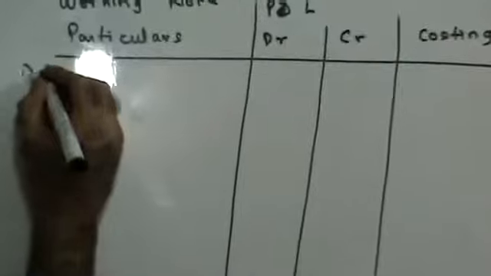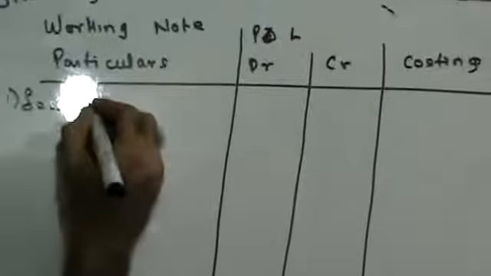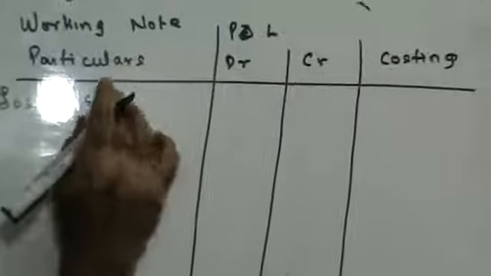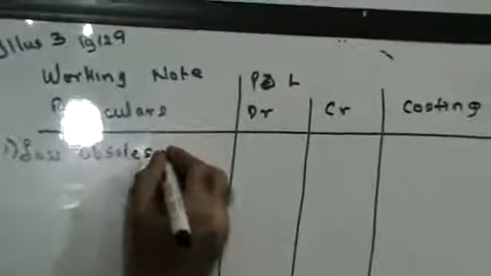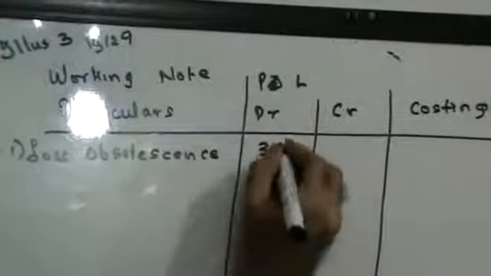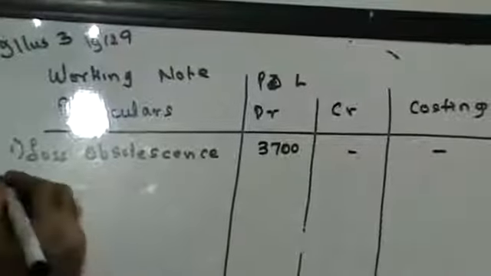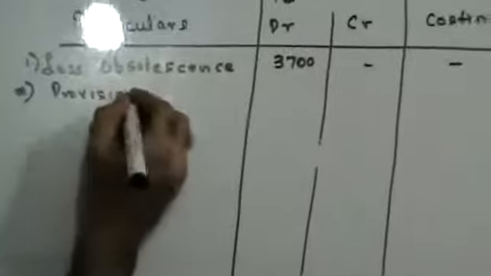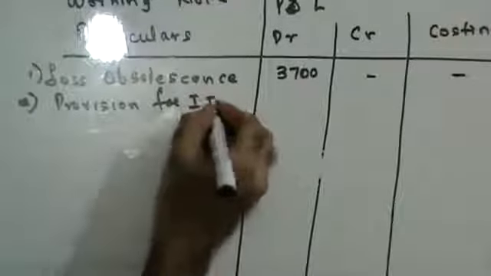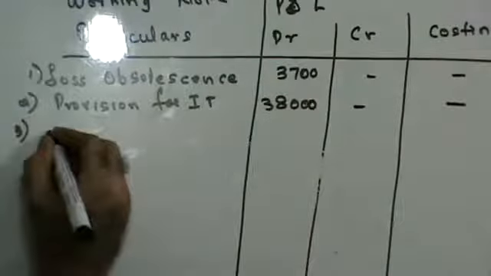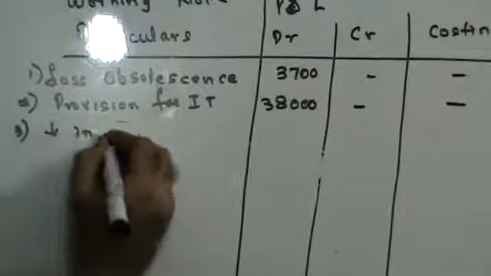Loss due to obsolescence. It's a loss, debit expenses and losses, 3,700. Next, provision for income tax. Again expense, debit expenses and losses. Next, reduction in value of stock.